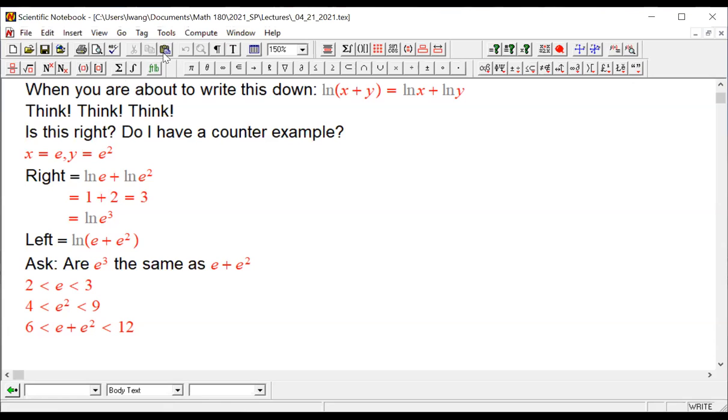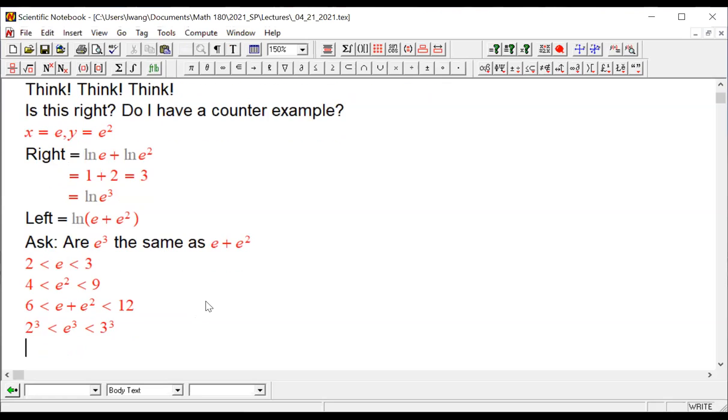How about e to the power 3? e is between 2 and 3, so e to the power 3 is between 2 to the power 3 and 3 to the power 3. You guys follow me? These are the operations everybody should be able to do. You may not be used to it. In the worst case, you don't have a calculator, but this already tells you they're not the same.